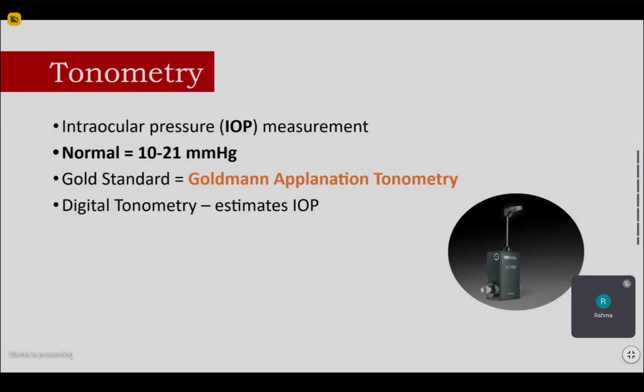For digital tonometry at your level, since you won't be using the slit lamp with the Goldmann applanation tonometry, you just use your index fingers in assessing the estimate of your patient's IOP.